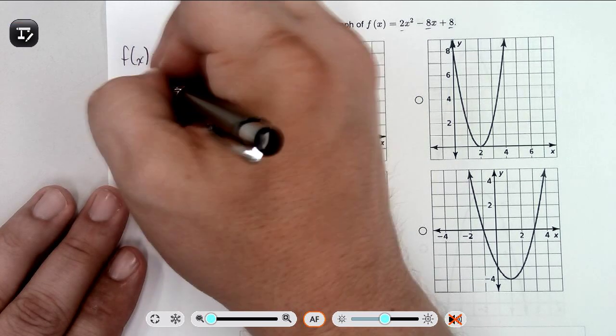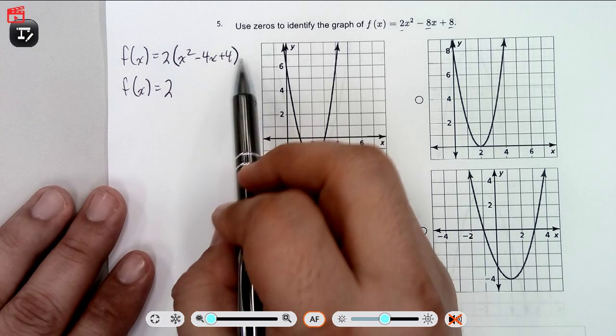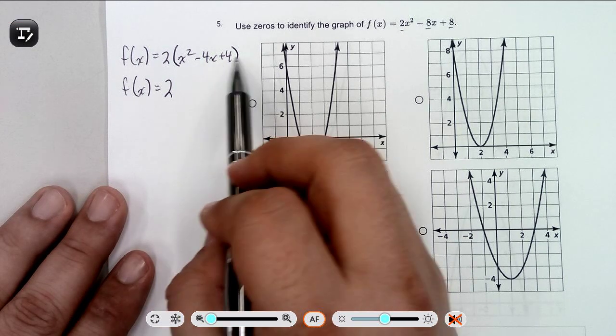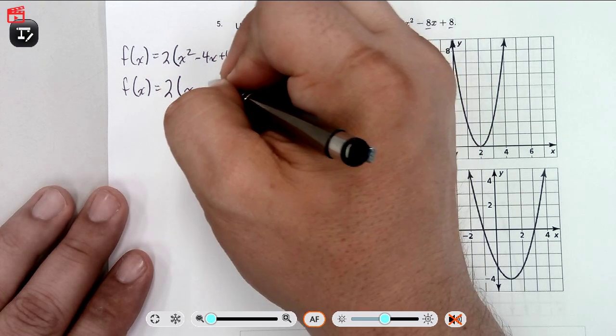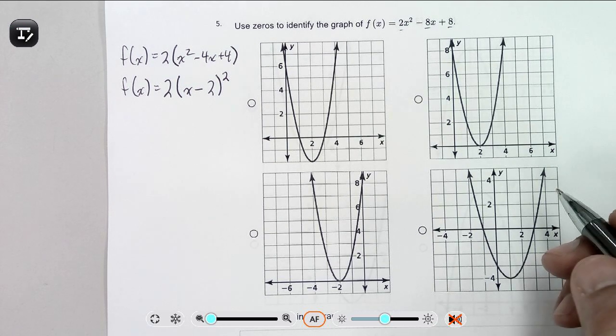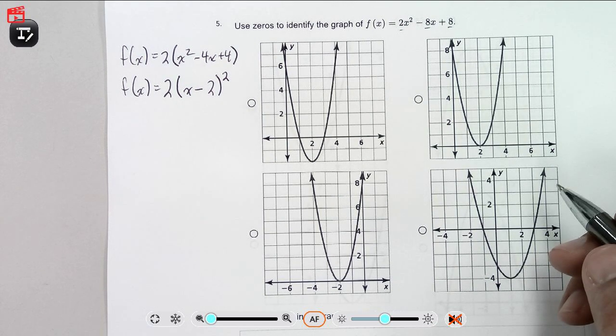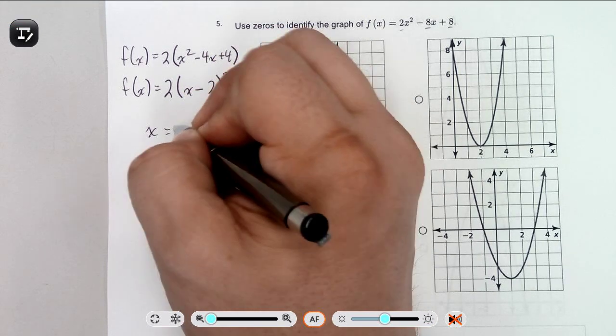Then I factor this. What I notice here, this is a binomial squared. So this is just x minus 2 squared. So there's my intercept form, which means my 0 is at x equals 2.